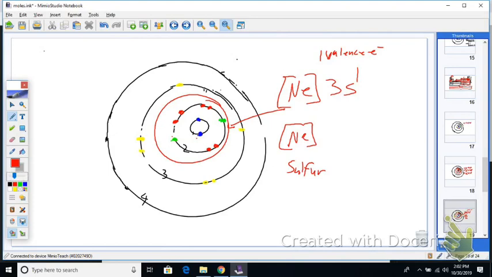So we put the electrons in. There are 2, 4, 6 in the third level. So 3s2 takes account of 2 of those electrons. Let's just say that those 2 electrons are right here. Now we've got 4 others to account for. The s's are full.